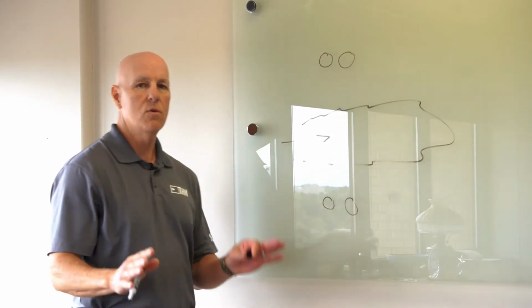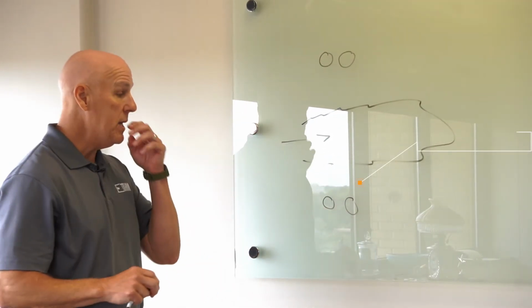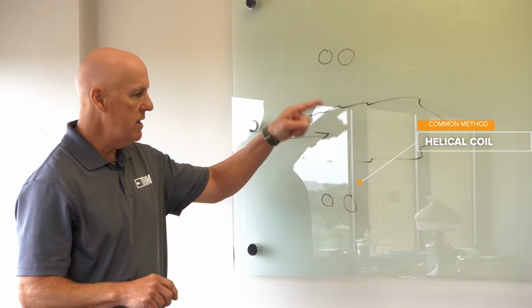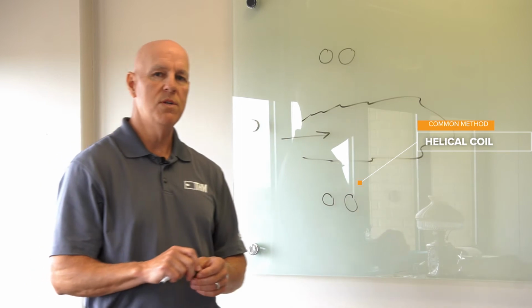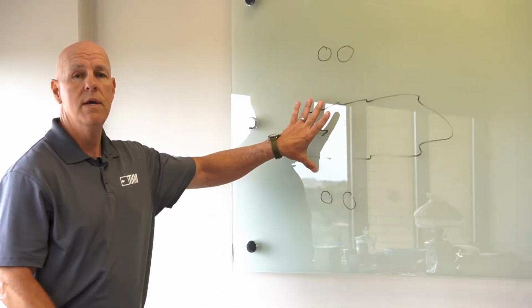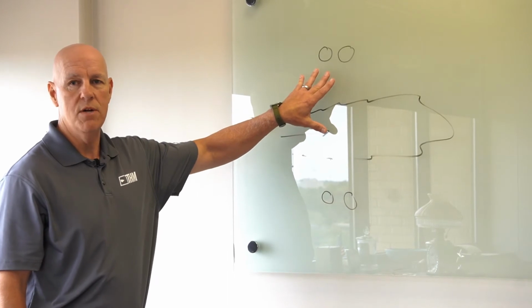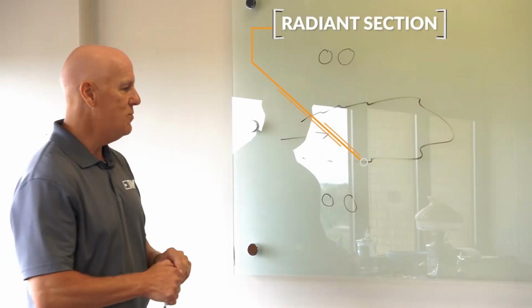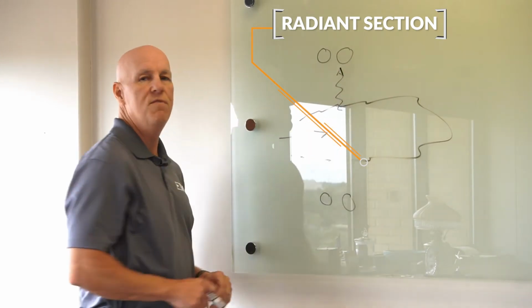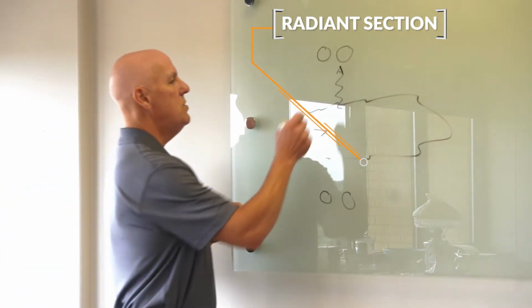That's called a helical coil, and it's a pretty common method of heating fluid in a pipe. And in the midstream segment, most heaters have helical coils. This is called the radiant section of the heater, for obvious reasons, maybe not so obvious, that radiation from the flame goes into the tube.